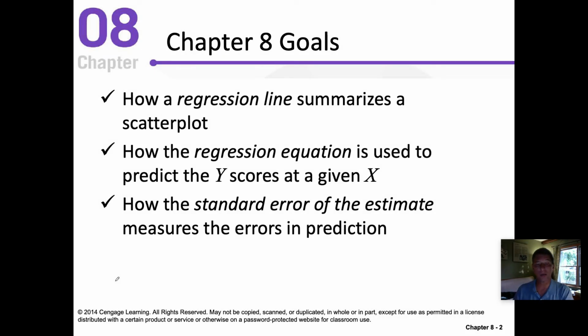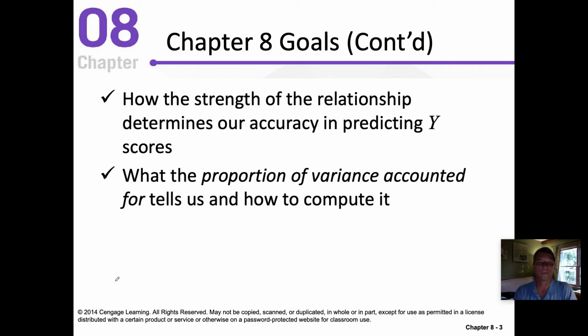And so what we do here is we plot that line. We're then going to continue that and talk about the variation that's involved with each value of x and the values of y that are associated with it. And that's called the standard error of the estimate. We'll continue and talk about the strength of a relationship.